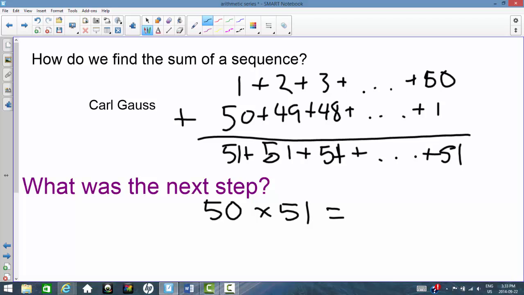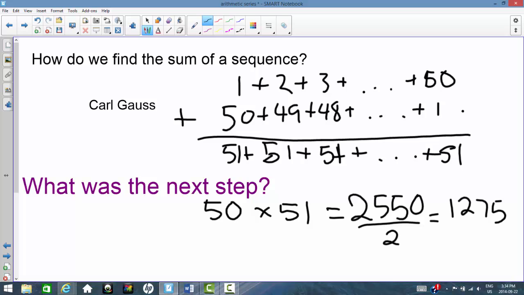So that gave him 2,550. But that's 2 series, right? Because he added the 2 together. So in order to find out what 1 was, we just simply divide it by 2. So that would be 1275. So the sum of this series, 1 through 50, is 1275.